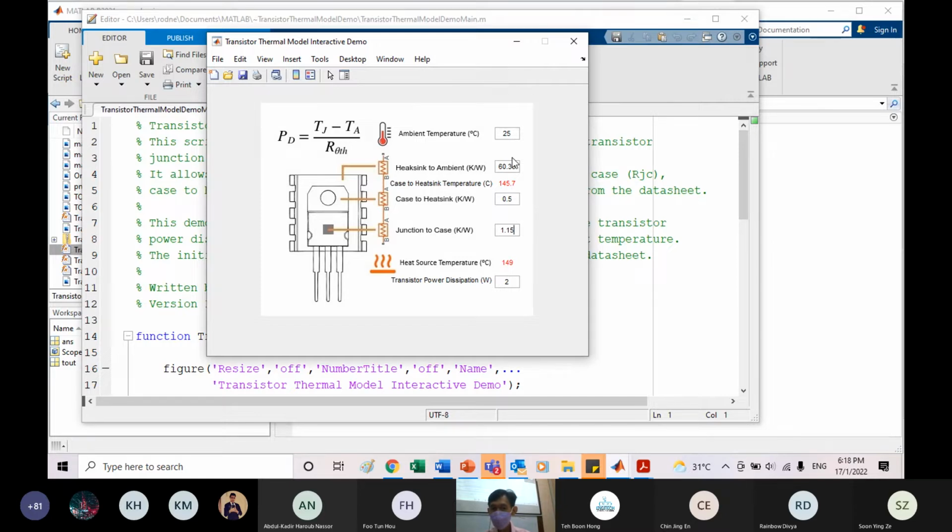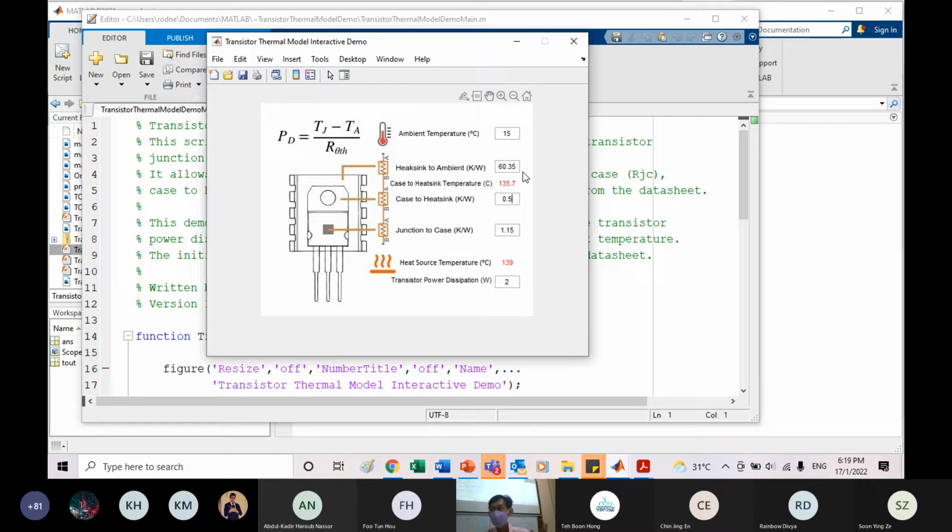Then of course, if you reduce the ambient temperature to, let's say, 15, it helps a bit. You see? Now it reduced 10 degrees. Now, if you change this one, 16.65, this is your heat sink thermal resistance. A bigger heat sink means what?